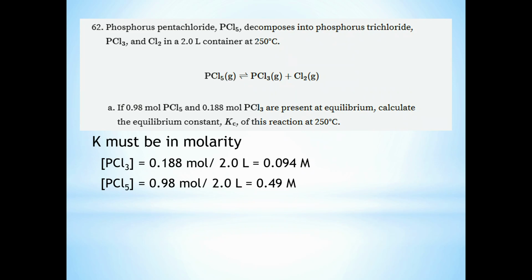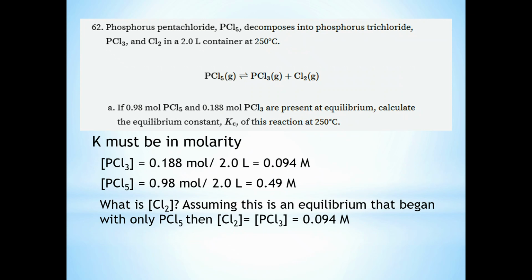But they just give me PCl5 and PCl3. What's going on with chlorine? Well, we have to make an assumption here. And the assumption here is that the reaction started with just PCl5. It's telling us that PCl5 decomposes. So our assumption is that we started with all PCl5.